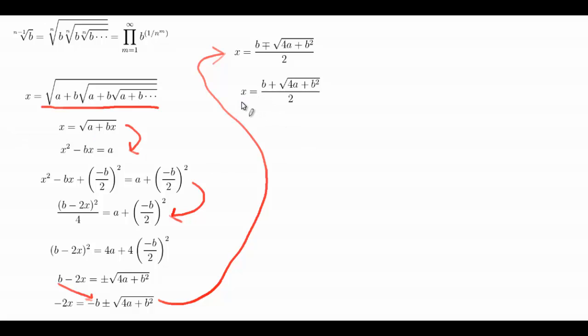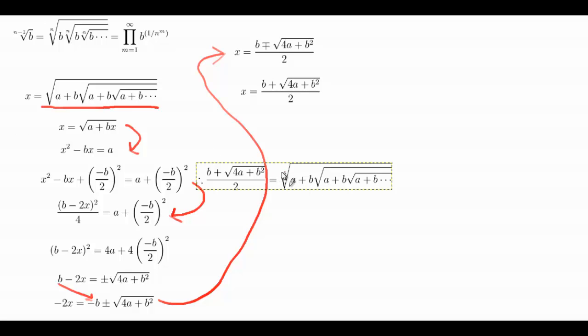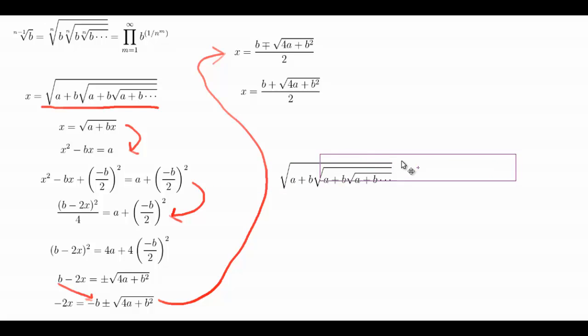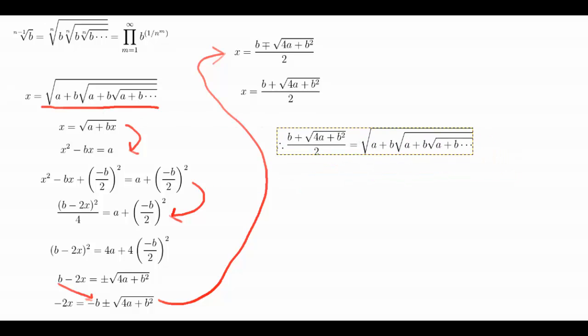And from seeing that x is equal to this formula, which looks strikingly similar to the quadratic formula, we can make a simple conclusion about what our nested radical is going to look like due to equivalence. And we find that therefore this nested radical here must be equivalent to this expression here.